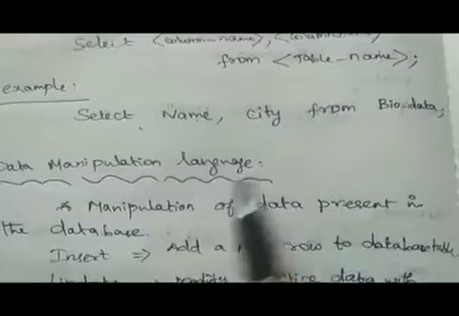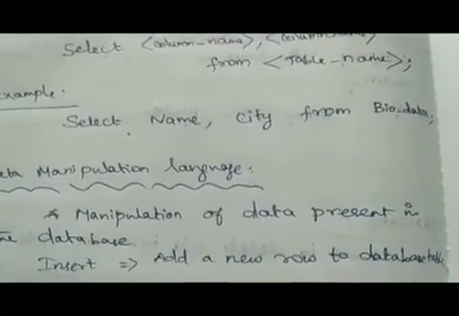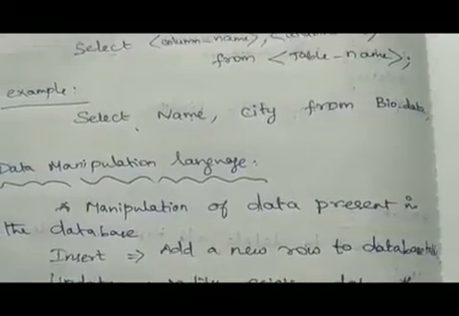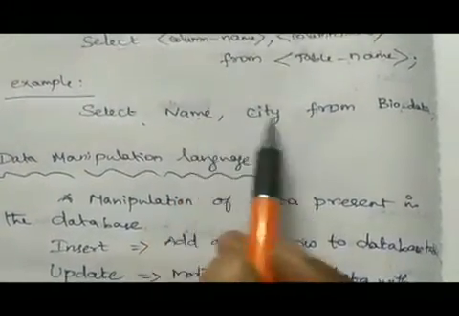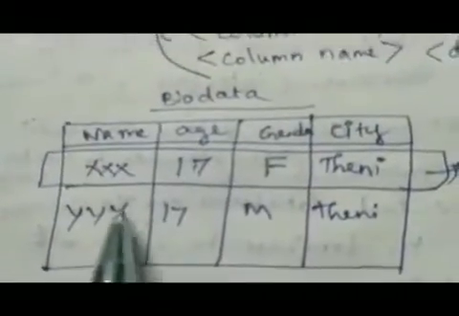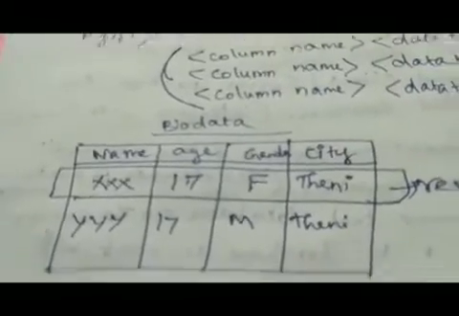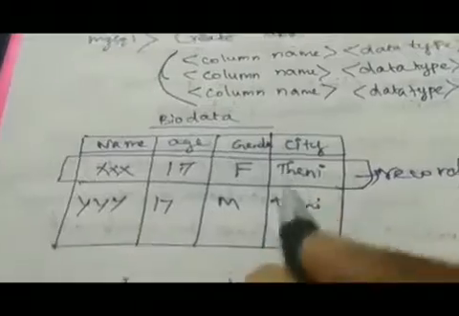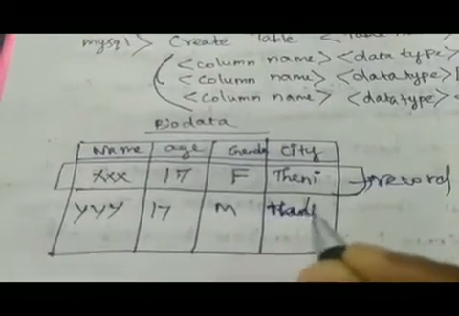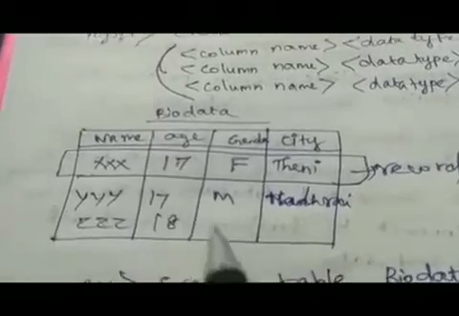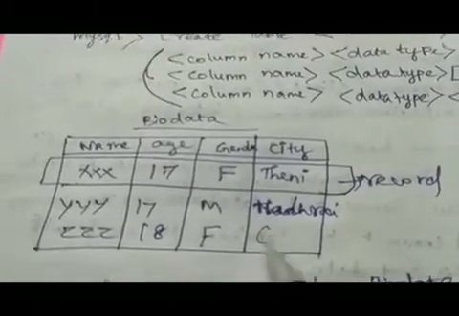In our biodata table we have 5 columns: name, age, gender, city, address. But here I asked to list only 2 columns. Suppose in the previous example, we have added two records, XXX and YYY, with the values, and then ZZ, who is 18, female, from Coimbatore.